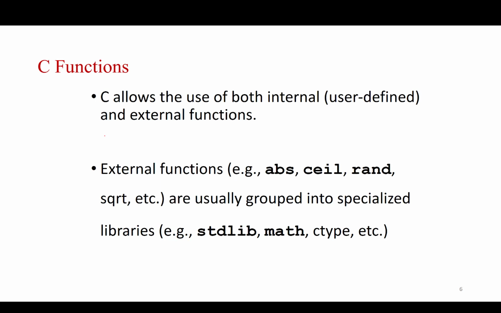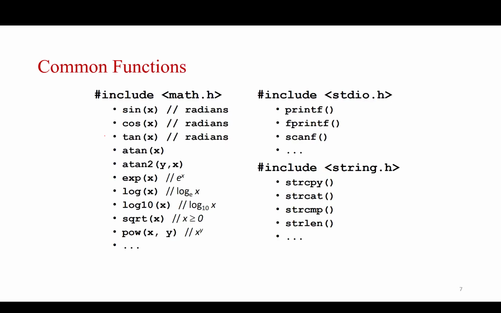On the other hand, you can write your own functions, right? So in this case, you can invent whatever function you want and then write it and call it from the main function. These are some examples of the embedded functions that we have, and we must include the header, which mainly defines all of these functions which are in a certain library.